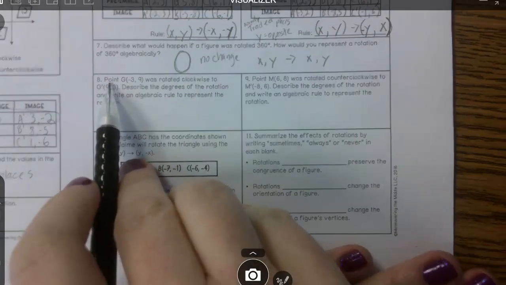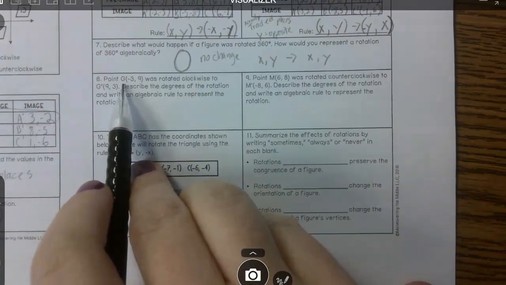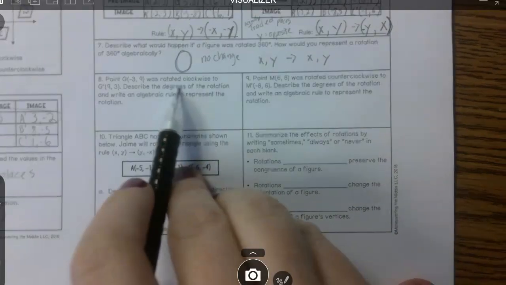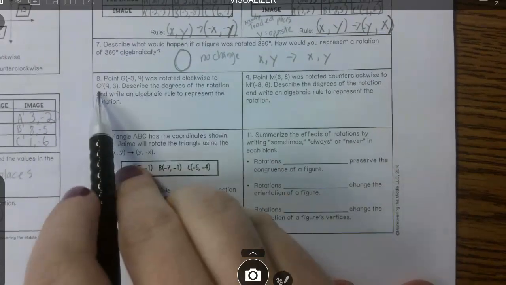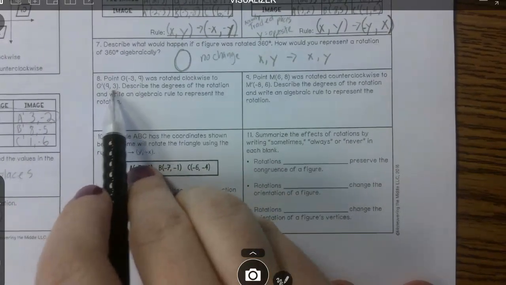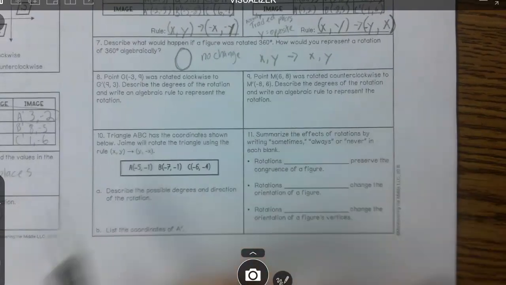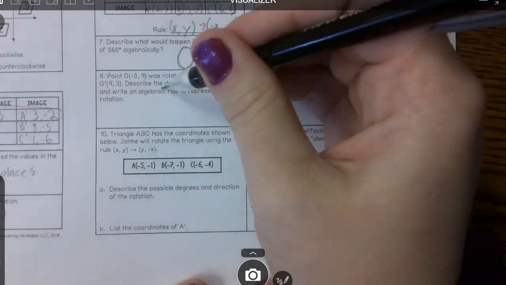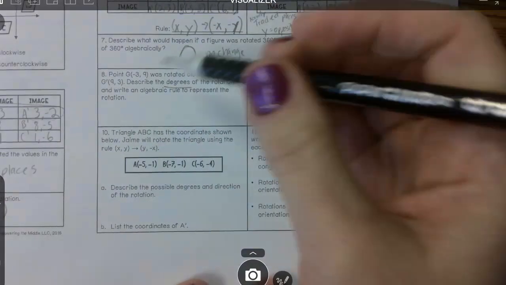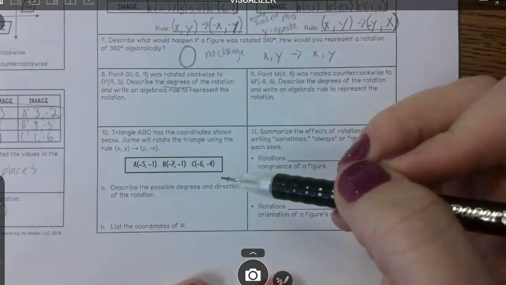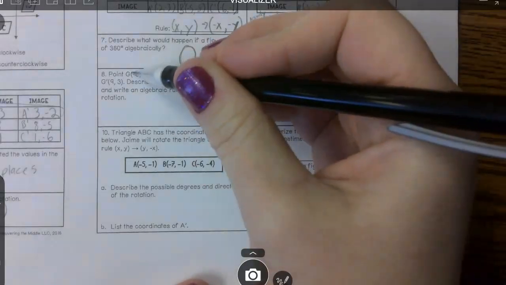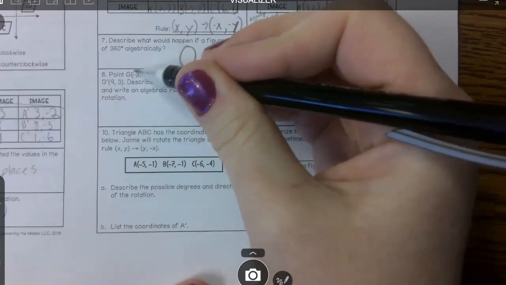Let's look at number 8. Point G, (-3, 9), was rotated clockwise to G prime. So it looks like we have to decide which rule happened. We have to decide how many degrees. So the x's and y's were traded places, and the -3 became a +3.